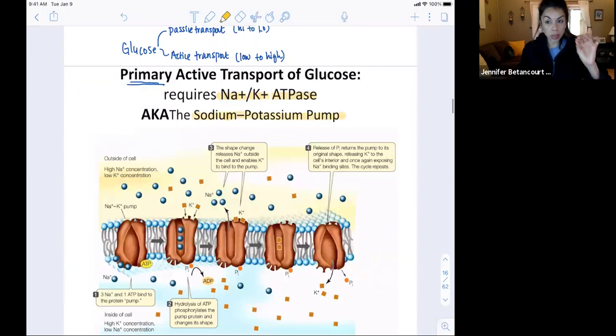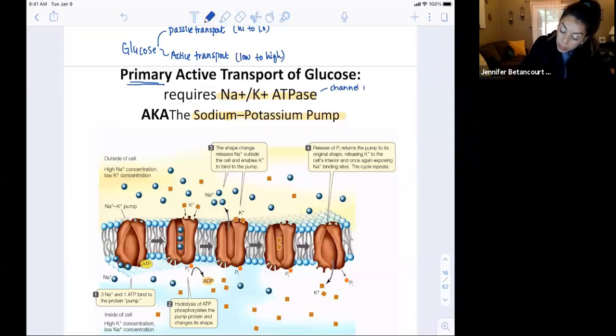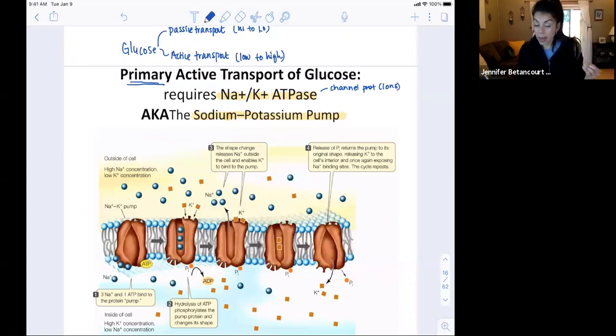Okay, so here's another lesson in how we can categorize proteins a bajillion different ways. It's a channel protein because it's transporting ions, but it's not gated. I'm going to tell you that right now, it's not gated by any certain thing.